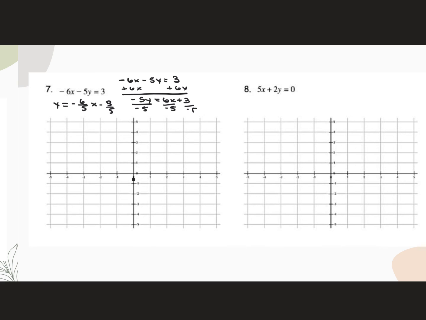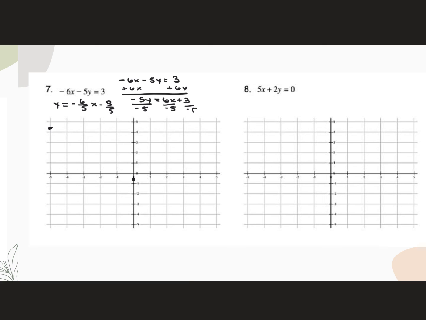From there I have to go up or down because my slope is negative 6 over 5. From here, I'm going to go up 6, and then I have to go left 5, which is approximately there.